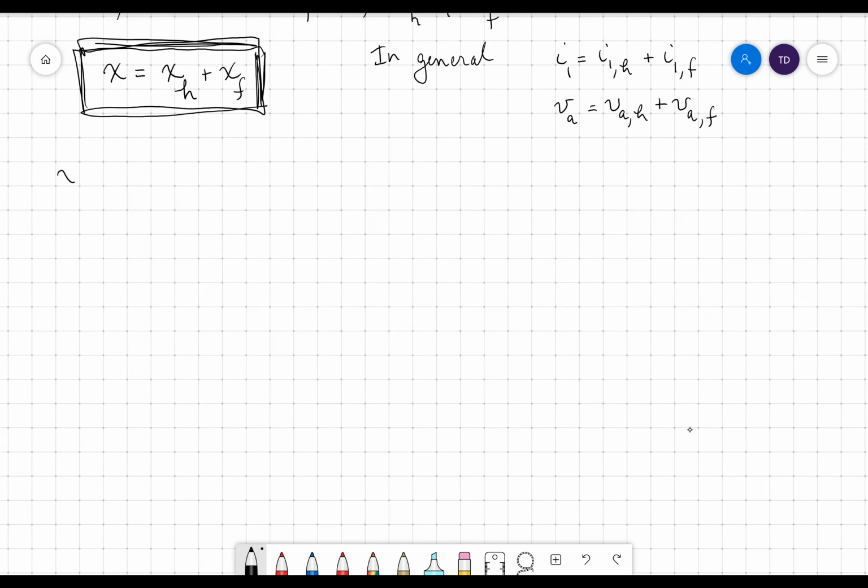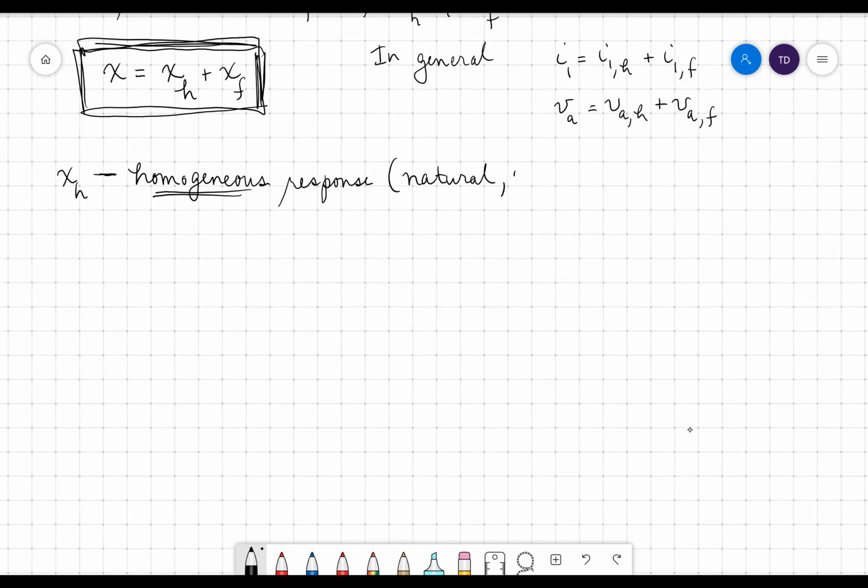So X sub H. X sub H is called the homogeneous response. There are other words that are used for homogeneous response. In place of homogeneous, we can use natural. So in some books that you read, they're going to call it X sub N for natural.